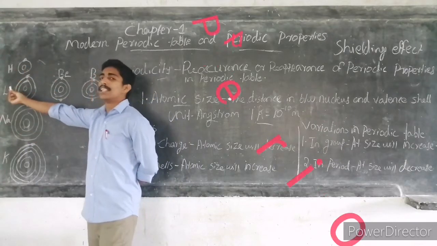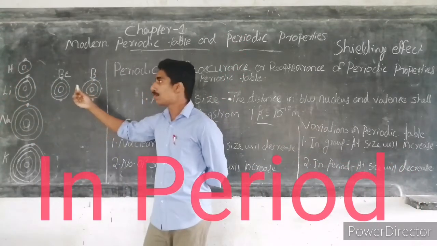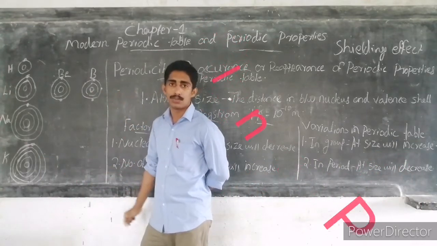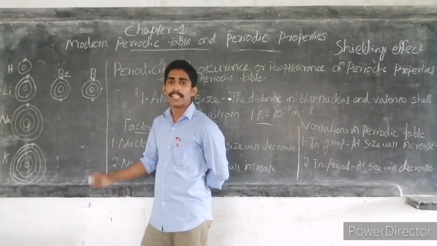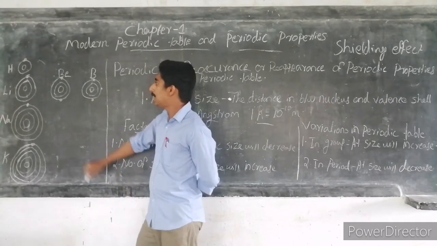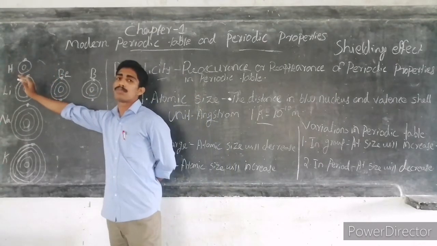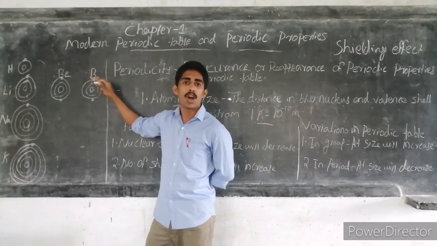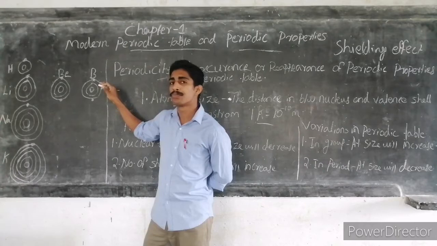But in a period, as we move from left to right, atomic size will decrease. The reason is that in a period, as we move from left to right, there is no addition of electronic shell.